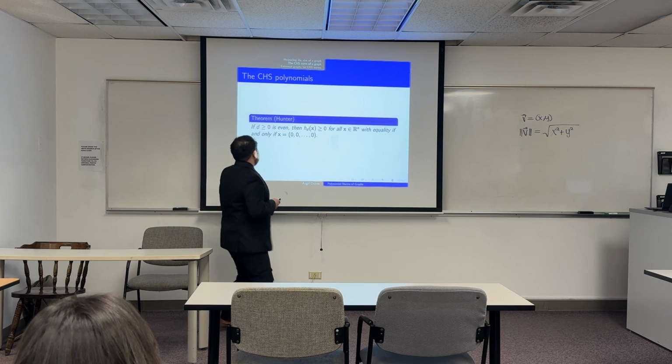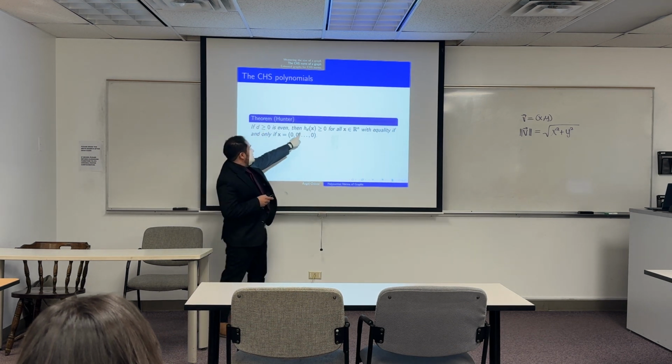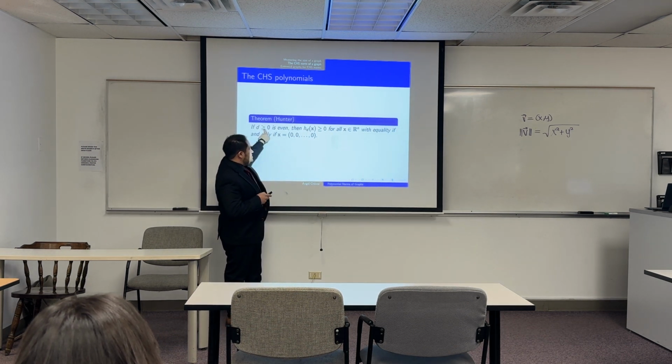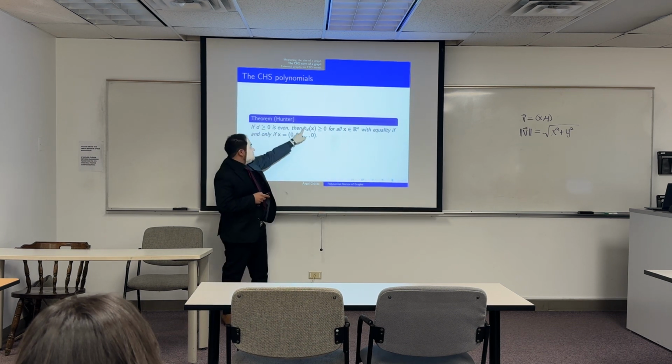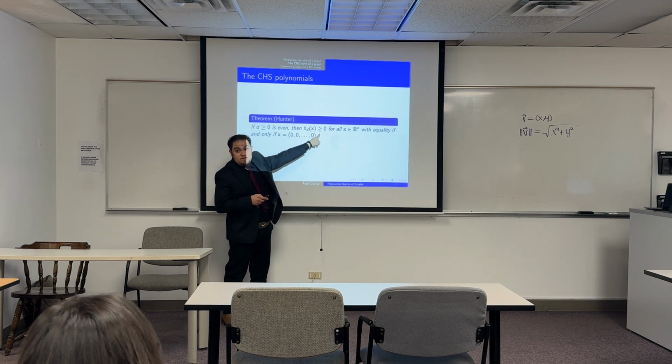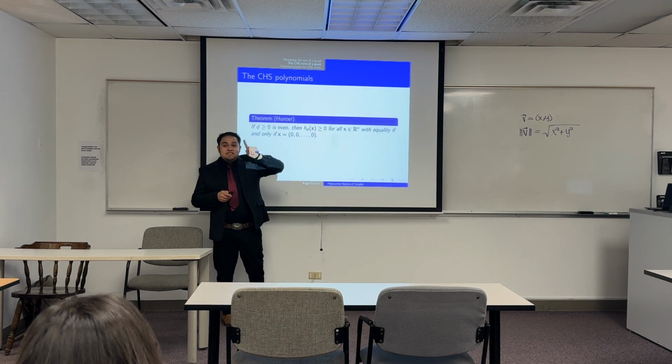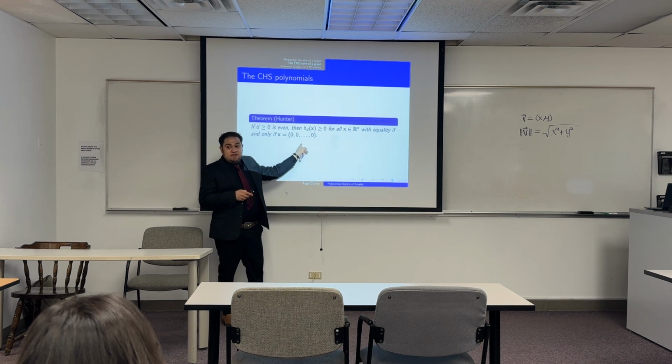So if d is an even integer, and I plug any vector into the CHS polynomial, I'm guaranteed to get something non-negative. Moreover, it's only 0 when I plug in the 0 vector.